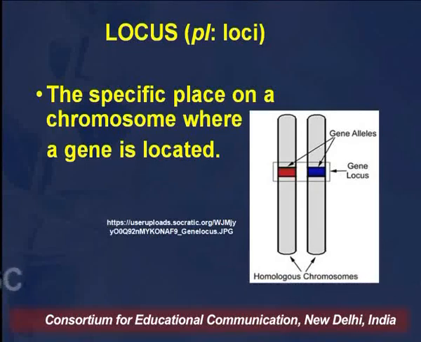For example, in the picture you are looking at, if this position on one of the homologous chromosomes is for eye color, then the corresponding position on the homologous chromosome has to be for eye color. Whether the eye color is the same or not is immaterial, but it is eye color and eye color alone, not even the texture of the eyes. So they occupy the same locus.